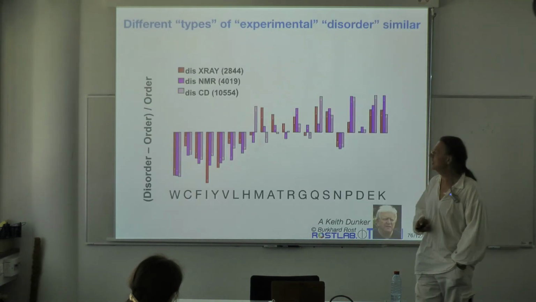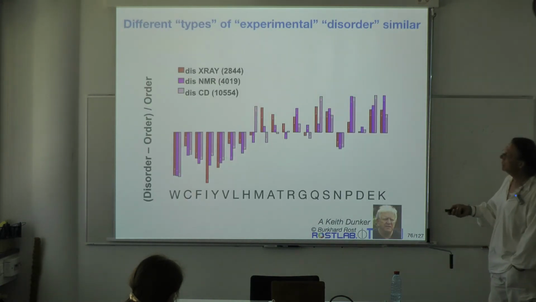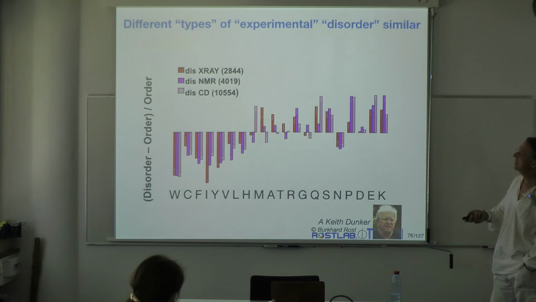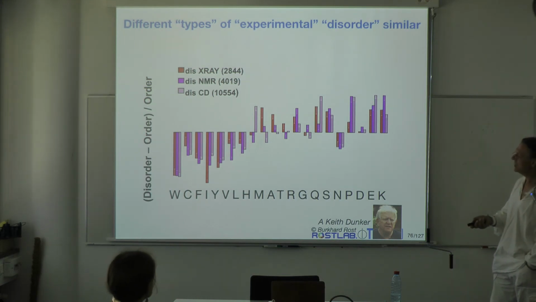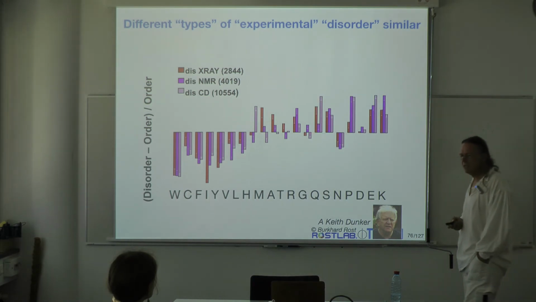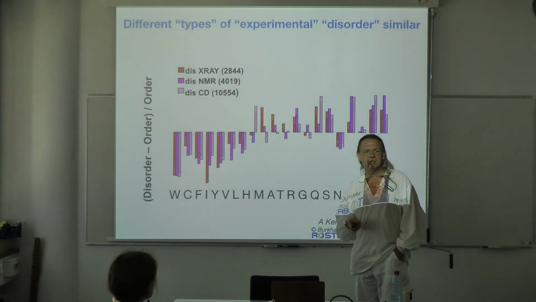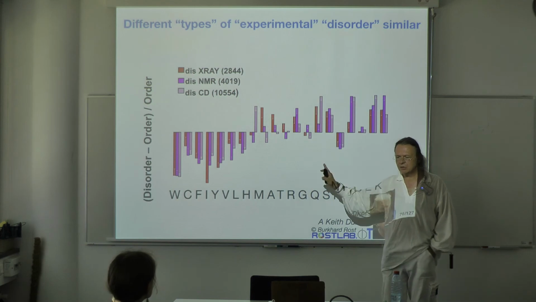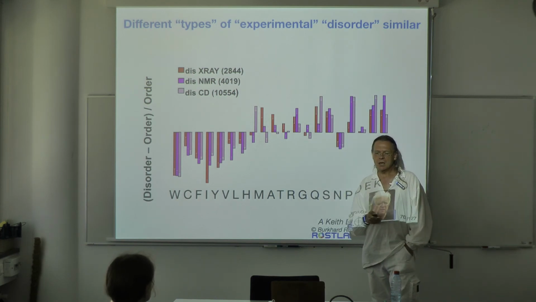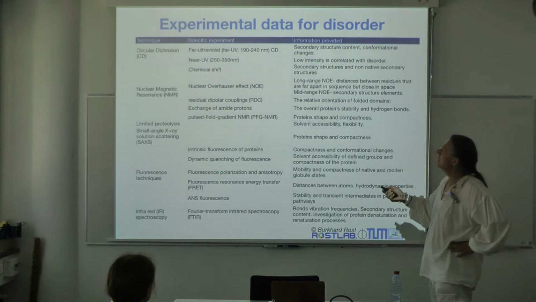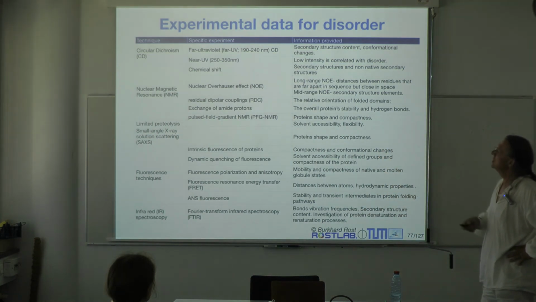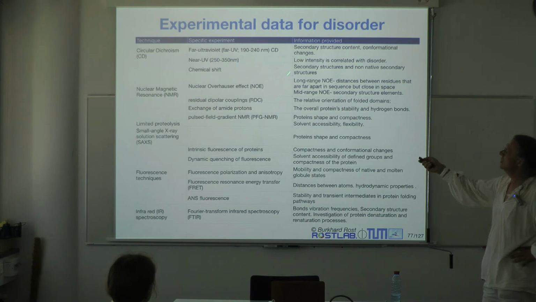And when we plot disorder versus order for this, so everything I don't see versus everything I do see, you see that there's a big difference between different amino acids. So even that you could predict. Now, going further, there are other methods that you can use. You can use CD for seeing that there is just no regular secondary structure.